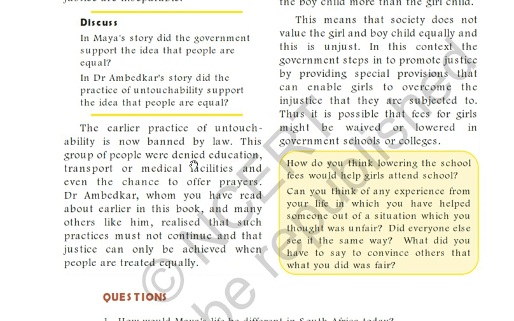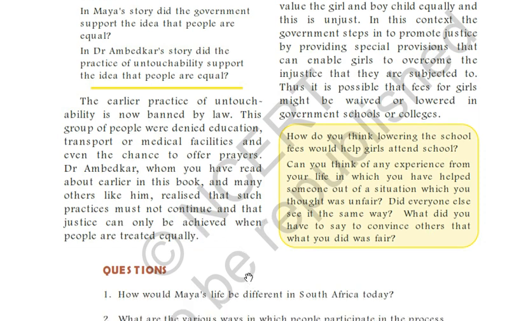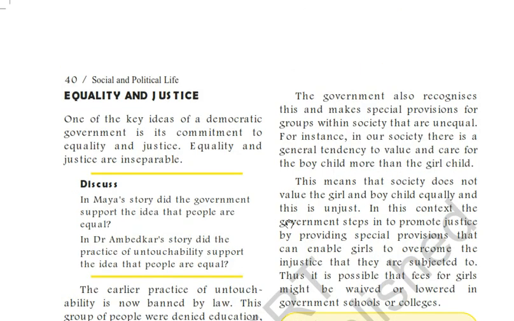This group of people were denied education, transport, or medical facilities, and even the chance to offer prayers. Dr. Ambedkar, whom you have read about earlier in this book, and many others like him, realized that such practices must not continue, that justice can only be achieved when people are treated equally.